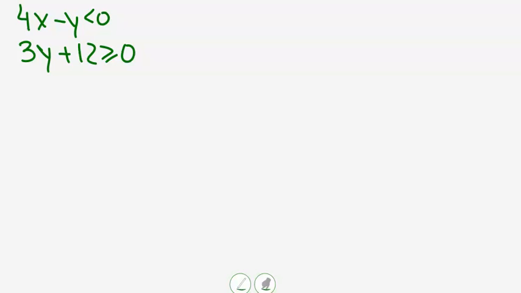Okay, let's start from the first one. So we have here 4x minus y less than 0. So, continue. Step number 1. What do we do? Our first step would be to turn the inequality symbol into an equal symbol. Okay, so this is the equation of our boundary line. Will the line be solid or dashed? It would be dashed.